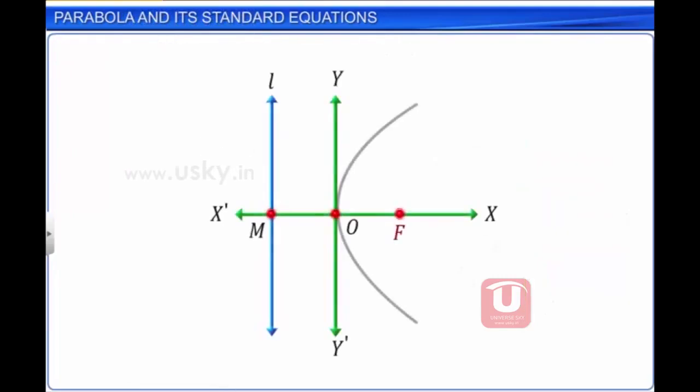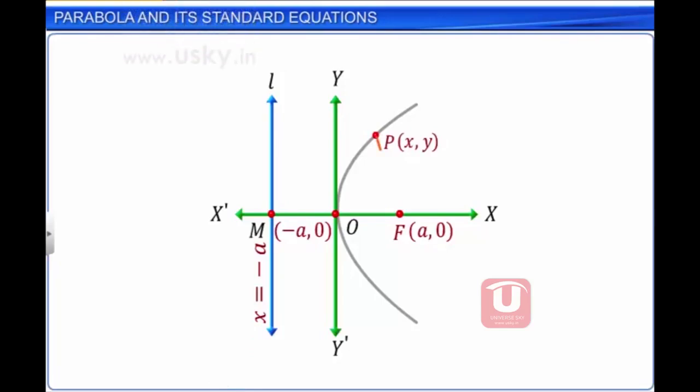Let us derive the equation of the parabola for case 1 with the axis of symmetry along the x-axis, the vertex at the origin, the focus at (a, 0), and directrix intersecting the x-axis at (-a, 0). Consider a point P on the parabola with the coordinates (x, y).